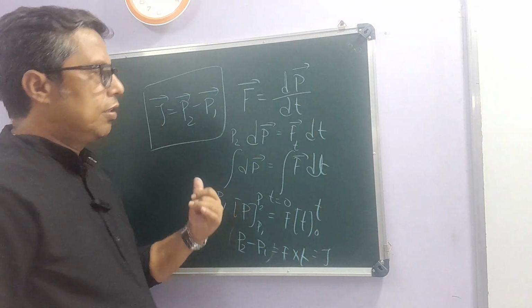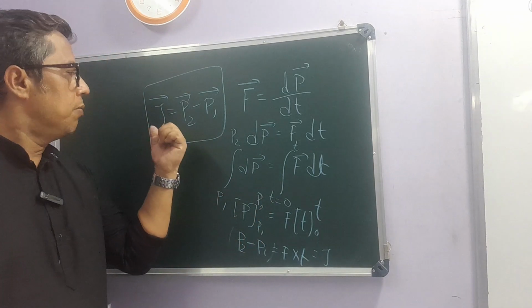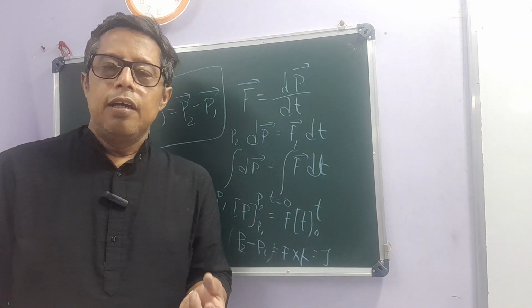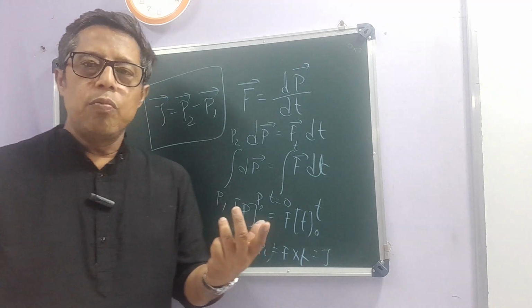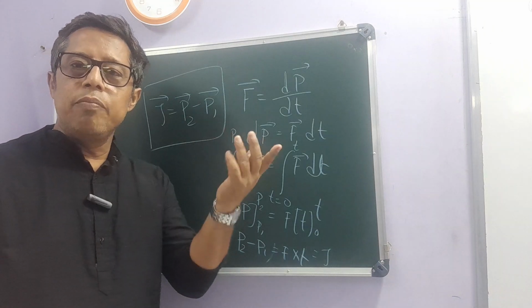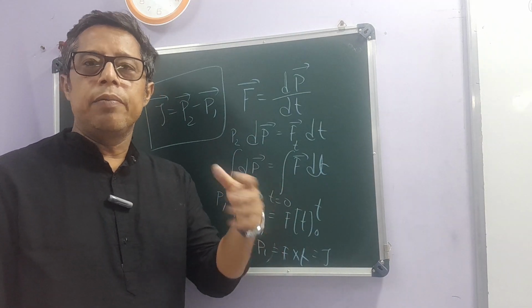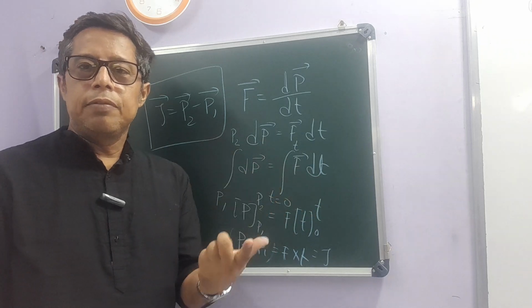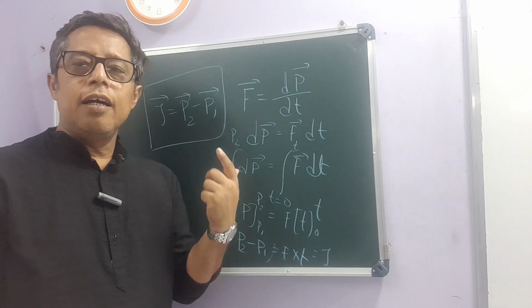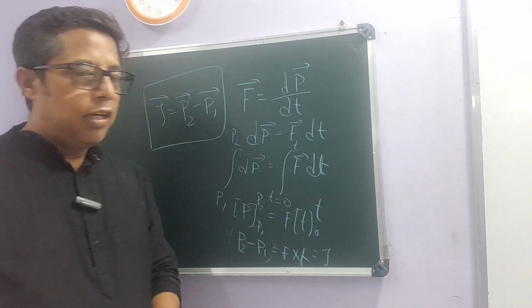This is very important. You will get two different kinds of numericals. Sometimes you are given the force and time, and if they ask for the change in momentum, force into time will be the same value as the change in momentum. Or if you have the data of initial momentum and final momentum, if you subtract them you will get the impulse. Both ways you can solve it.